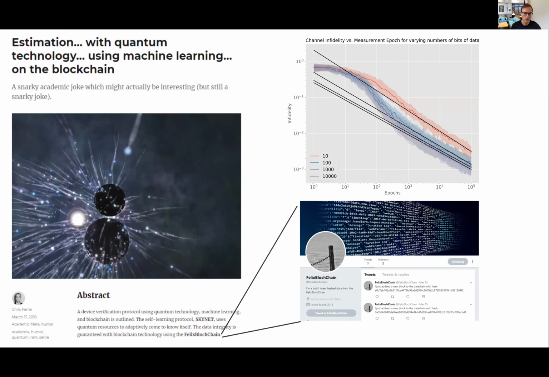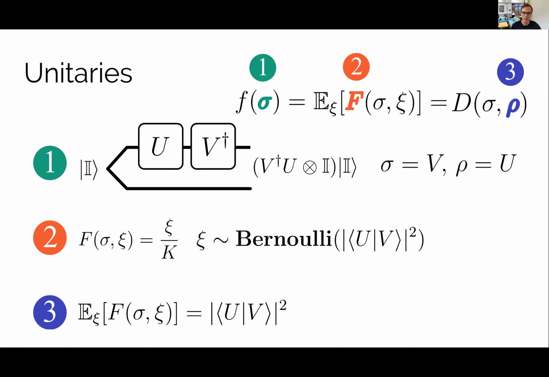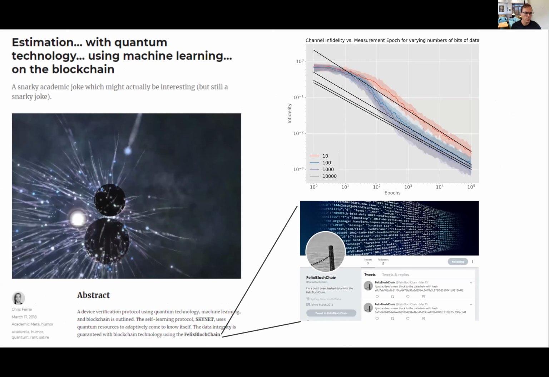Okay, why did I think about going back to this problem? It actually started as a joke. This was, I guess, two years ago, when blockchain was in the news, and quantum machine learning was getting nice and hot.